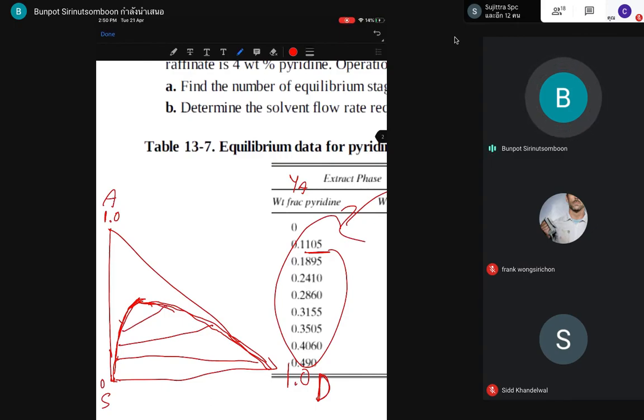For example, I use three pairs of equilibrium data to draw three tie lines.